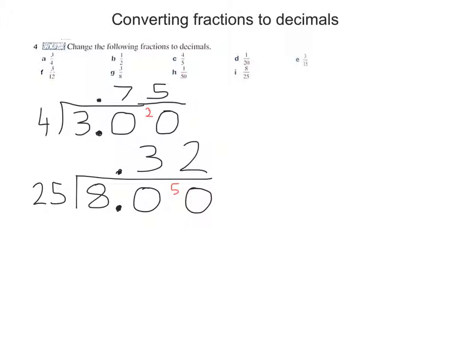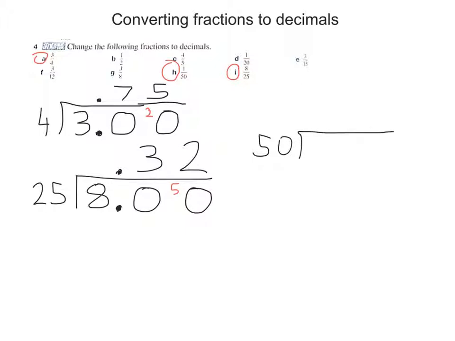Okay, we'll just do one more. So we've done A and I. Let's do one more. Let's do H. So you should do all of these, by the way, but I'm just showing you a few so that you know how to do the rest. So the first step is to write down the denominator on the outside of the division sign. So we'll go ahead and do that.